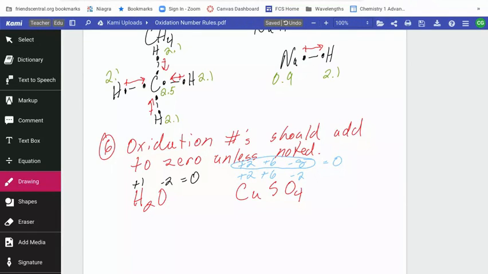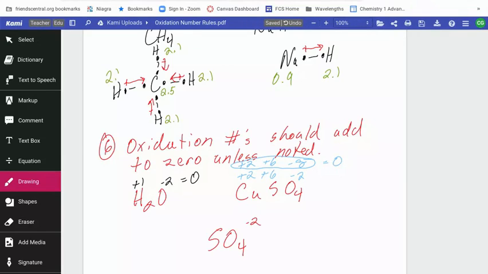I use this for a reason, because remember how I said sulfate was a 2-. So these are the oxidation numbers, the ones right above the elements: copper +2, sulfur +6, oxygen -2 each. But let's take a look at just the sulfate, SO4. This is where we see that this is a 2-.